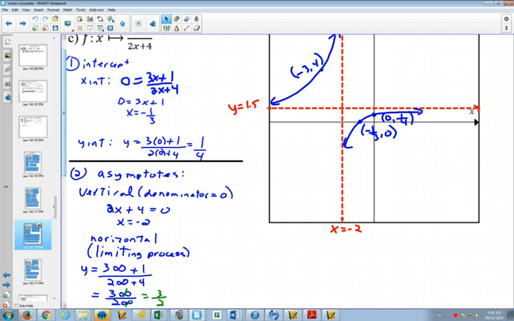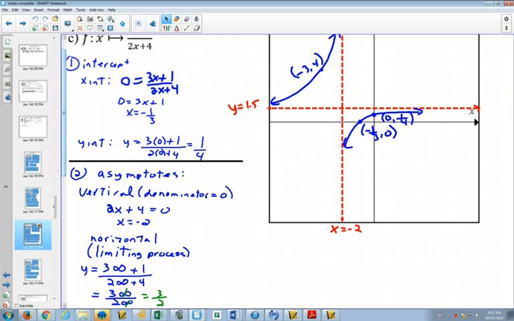Same thing on the bottom, adding 4 wouldn't make much of a difference. So as this gets bigger and bigger, this basically becomes 3x over 2x. And so our horizontal asymptote is at 3/2. So as a starting point, we've got 2 points. We've got both of our asymptotes.